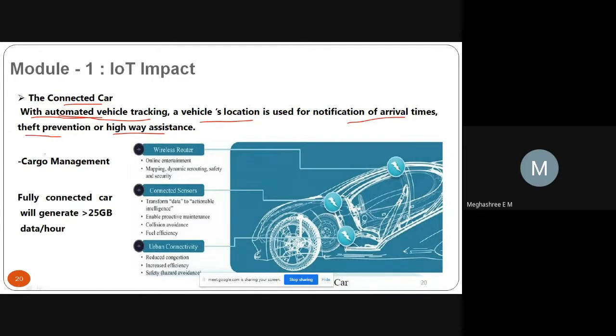And there is cargo management. What is cargo management? Since the vehicle is connected to the internet, you can check where the cargo, that means the material that you're supposed to get, is. You can track it.